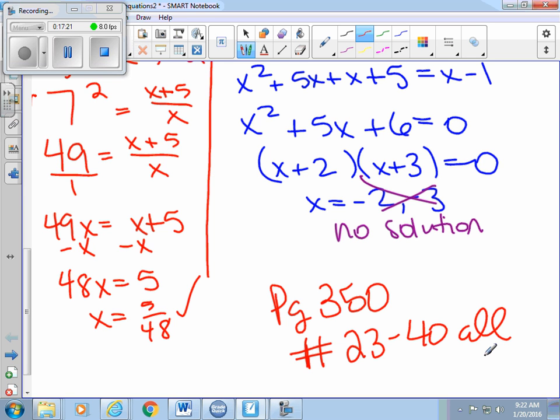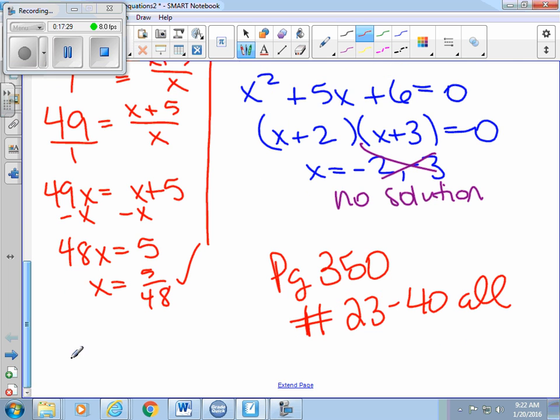Both of these are due on, not tomorrow. What's tomorrow, Thursday? Friday. Both of these are due Friday. Both the cooperative activity and this book page.